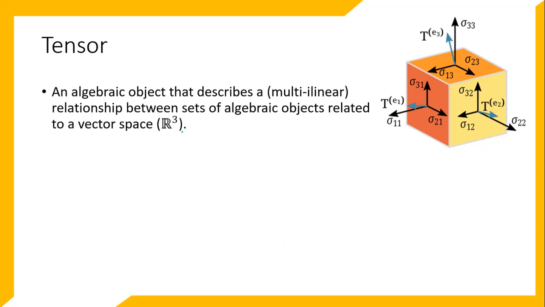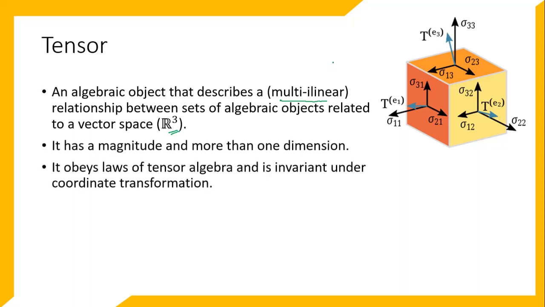So a tensor is also defined in a vector space. Instead of having a linear relationship, it has a multilinear relationship with its basis vectors. That is, to analyze one component, we need to specify at least two directions. A vector has a magnitude and a direction, but a tensor has a magnitude and more than one direction.